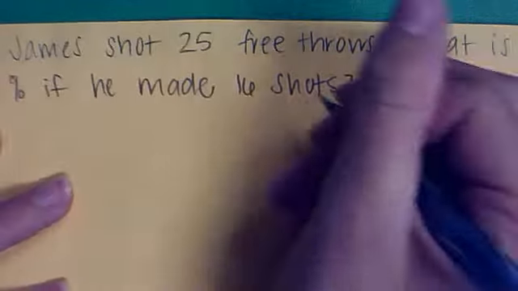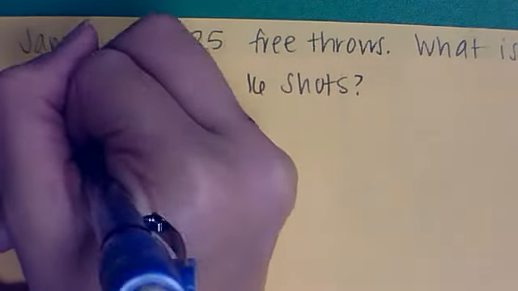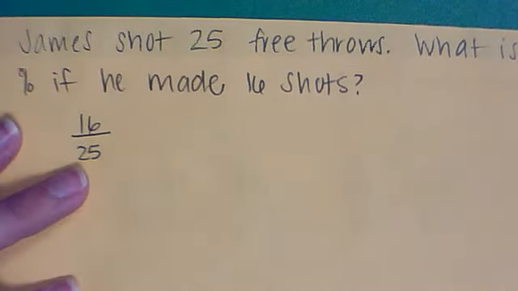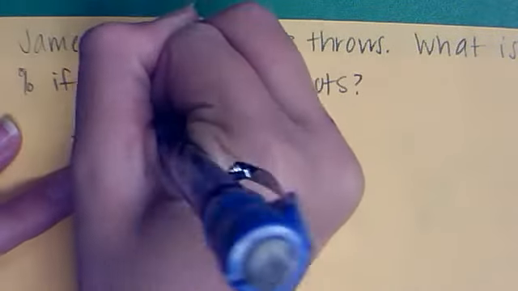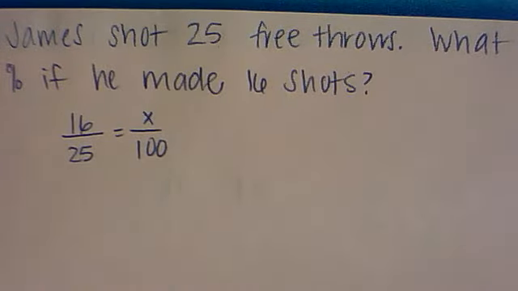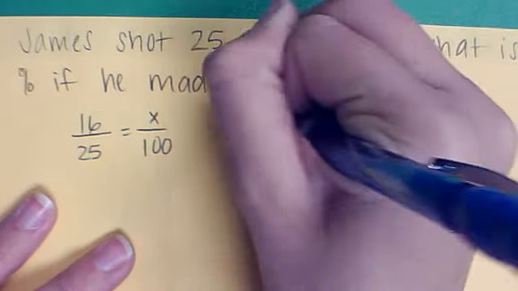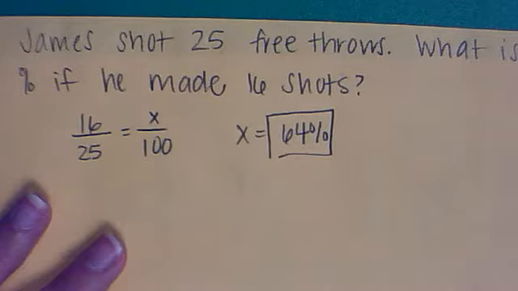Okay, part over whole. He made 16 shots. That was the part. Out of 25, that was the total number he tried, equals x over 100. To figure out what percentage he made, we're going to do 16 times 100, which is 1,600, divided by 25, and x equals 64%. He made 64% of the shots he tried.